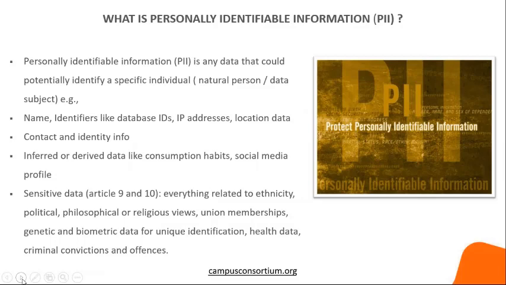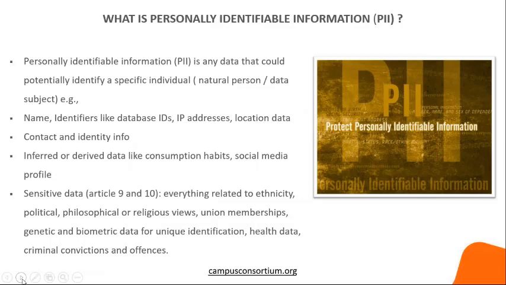Like we have listed out, it could be a name, an identifier like a database ID, or an IP address. Of course, if I'm accessing information online and filling up an online form wherein I've mentioned my name, they may be collecting cookies. The cookies may collect my IP information and things like that.